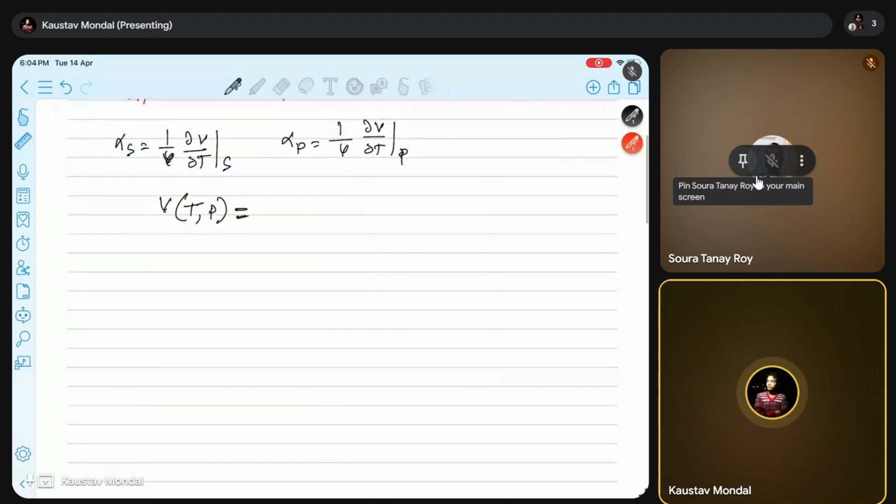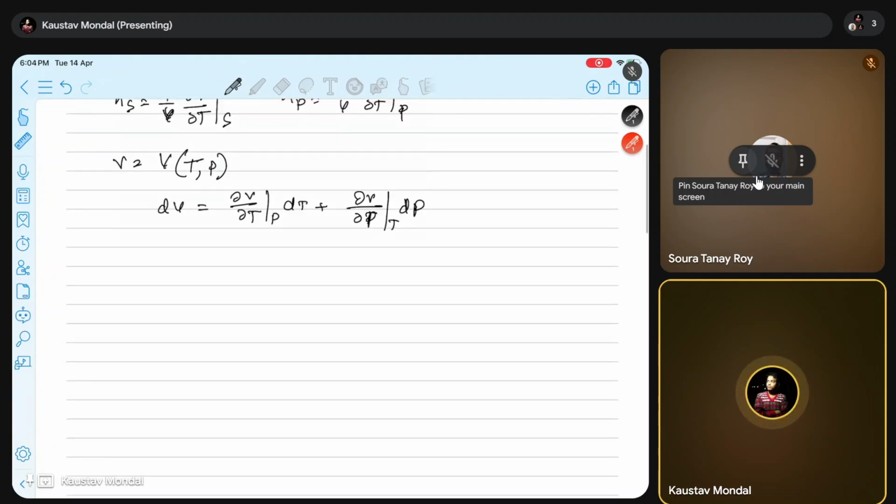Now if you take V as this, you can write the total derivative dV as del V by del T at constant P dT plus del V by del P at constant T dP, right?